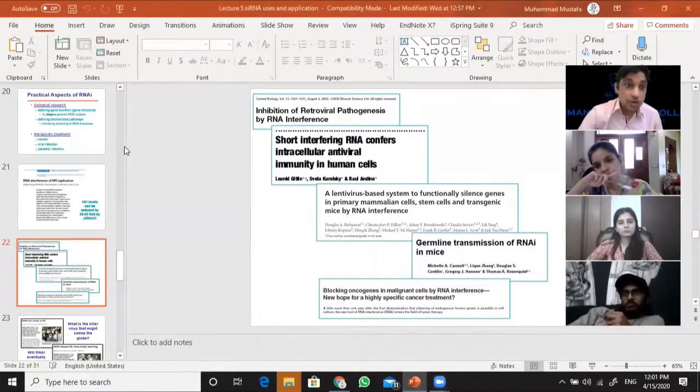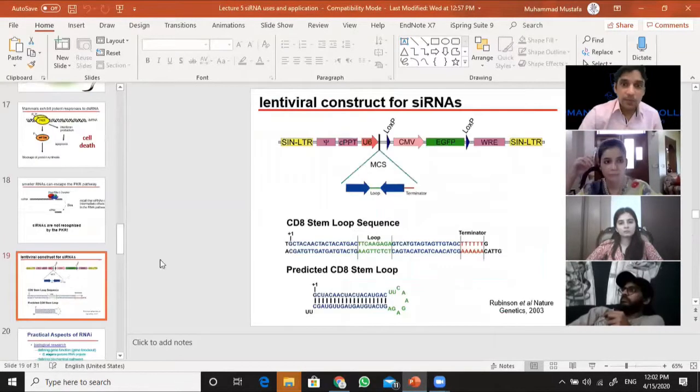I want you to see a little advanced version of whatever I am speaking. This slide, you need to see that slide. In this slide, people have incorporated a certain sequence into the genome of human cells or mammalian cells. This is a gene construct, like a vector.